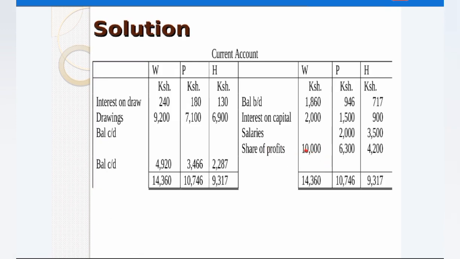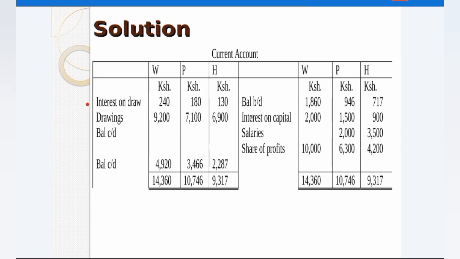So there is a small error here. It should be 10,500.